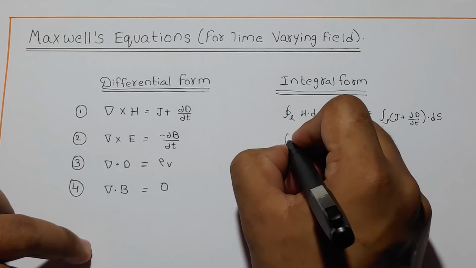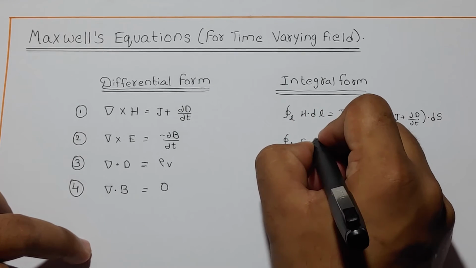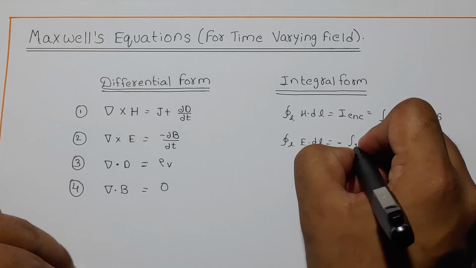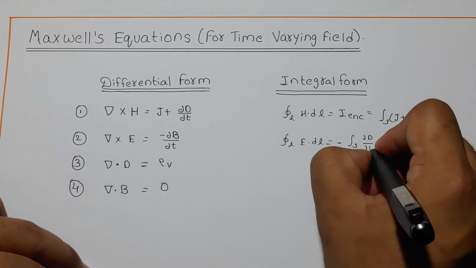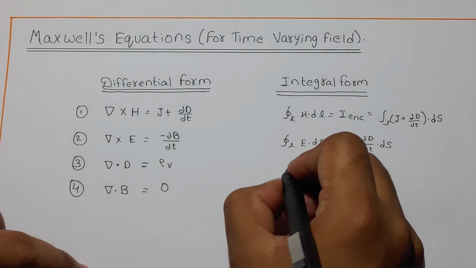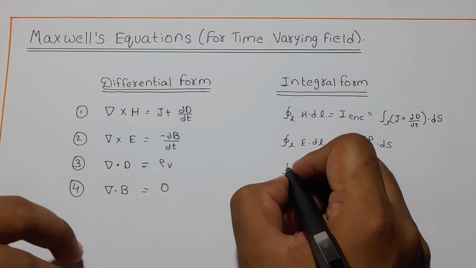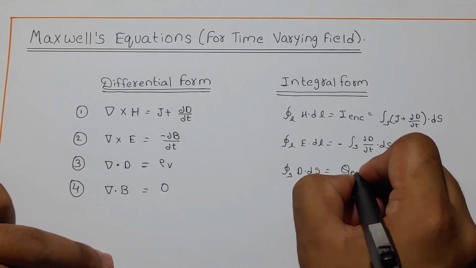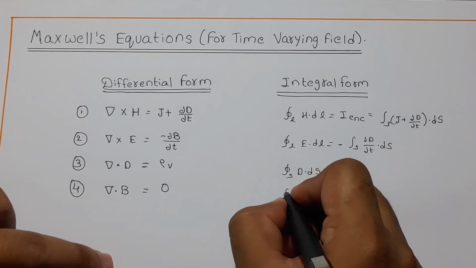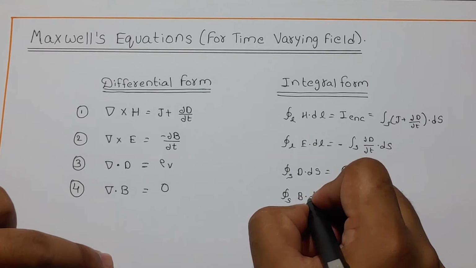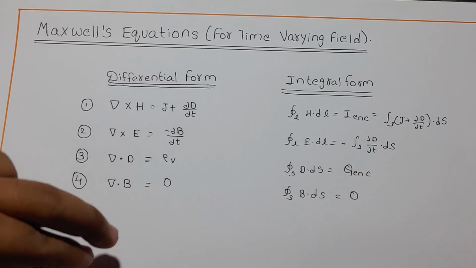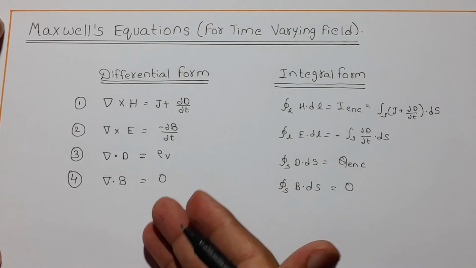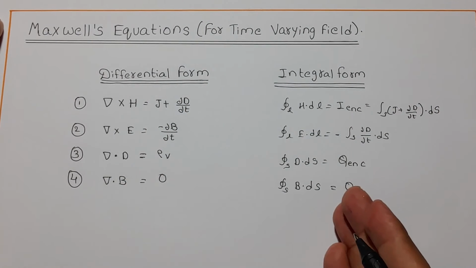Next, closed line integral of E dot dl is equal to minus surface integral of dou B by dou t times ds. The third Maxwell equation is closed surface integral of D dot ds is equal to charge enclosed. And the fourth one is closed surface integral of B dot ds is equal to 0. These are our final findings from the Maxwell equations in the derivation from differential form to integral form.